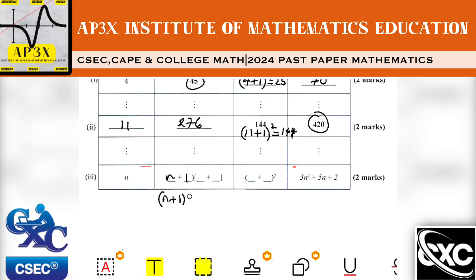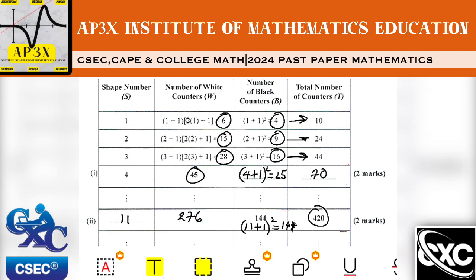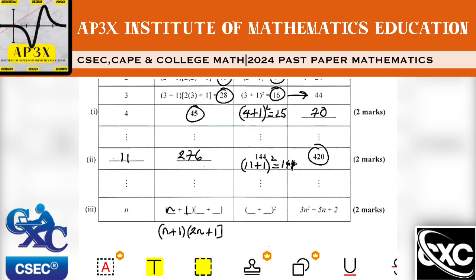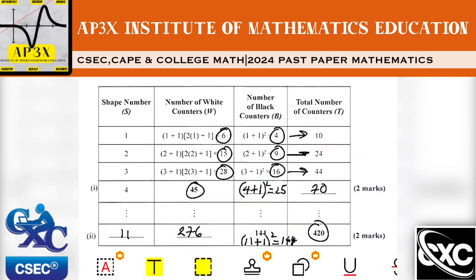And then multiplied here by 2 brackets, we're going to have 2n, because the 2 repeats itself, and this 1, 2, 3 represents the n over here. So that's going to be 2 times n plus 1, and then we close off the bracket there. So that is for that section.